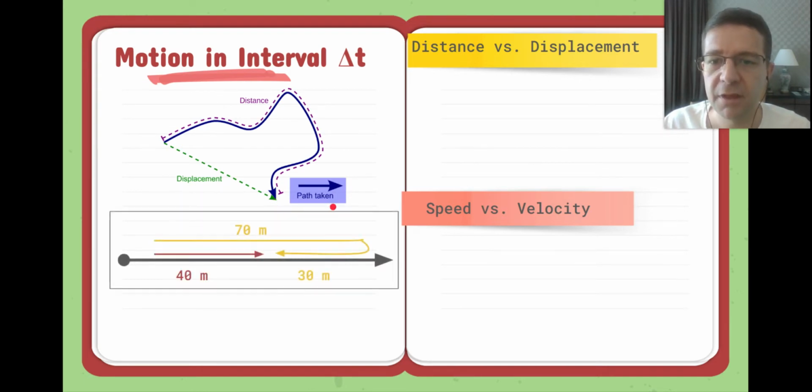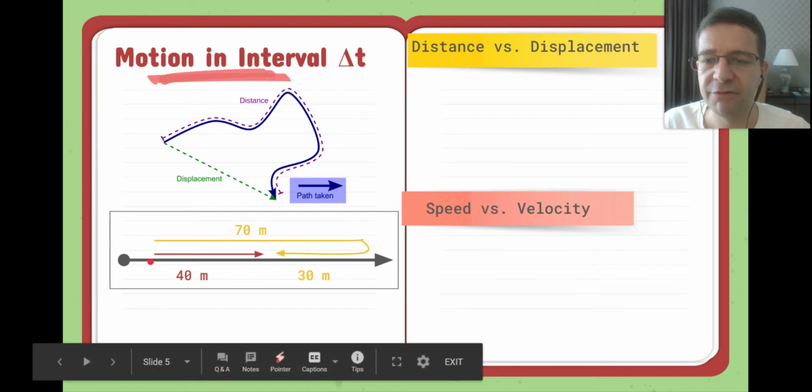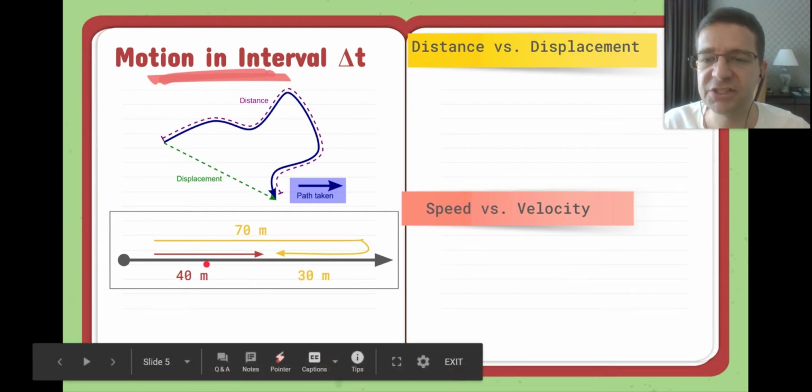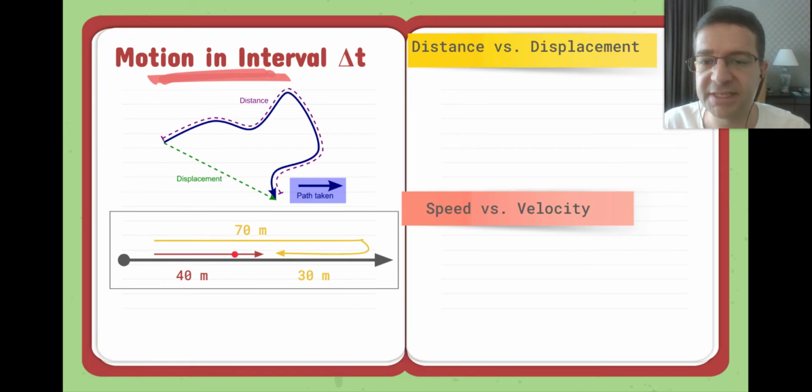If we move into one dimension to look at this a little bit more quantitatively, you can imagine somebody starting and following this yellow path, traveling 70 meters to the right and then 30 meters to the left, or they could travel 40 meters to the right. They would end at the same location here, but the distance traveled in the two cases would be different.